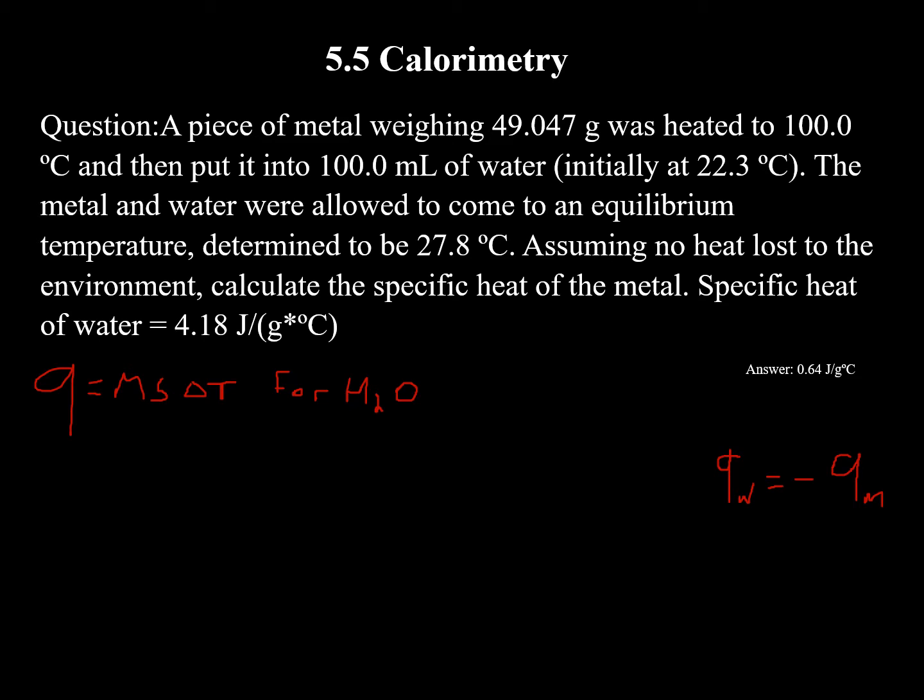We know the mass of the water because we know the density. If the volume of water is 100 mL, we use D equals m over V to find the mass of the water. So the mass of the water will be 100 grams.